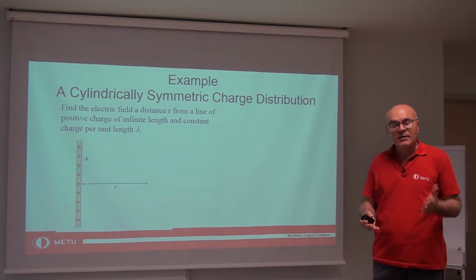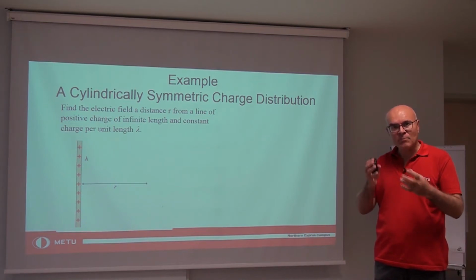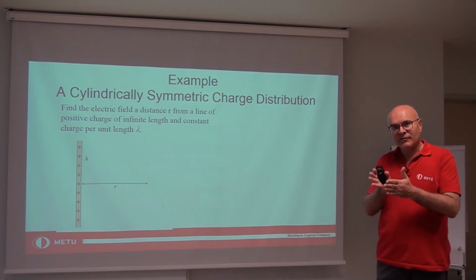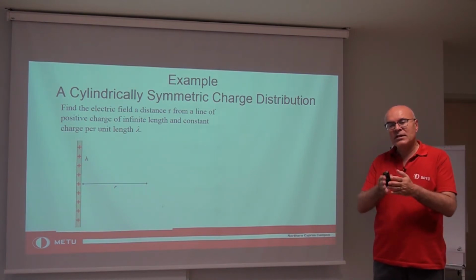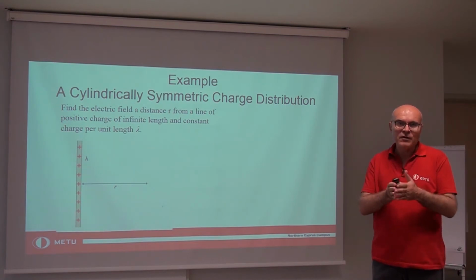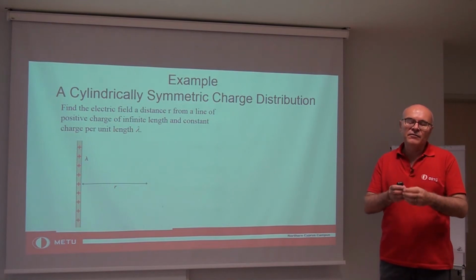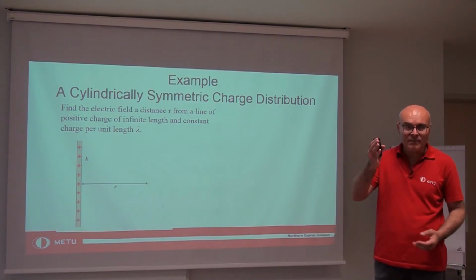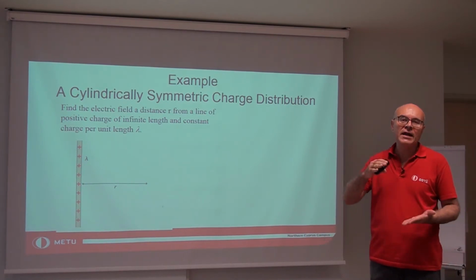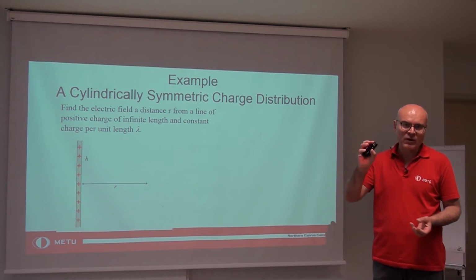These are idealized models. However, the result that we derive for the electric field using these infinite models is valid in real life when we are at distances from, for example, the wire that are small in comparison to its length, and we are away from the ends of that wire.